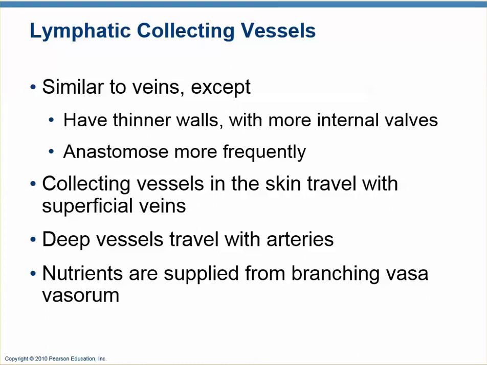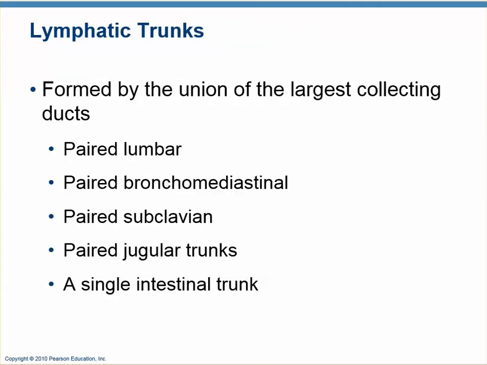When the vessels get big enough, they have a tunica media that needs to be nourished, so they have blood vessels of their own, the vasa vasorum, the same as in blood vessels.